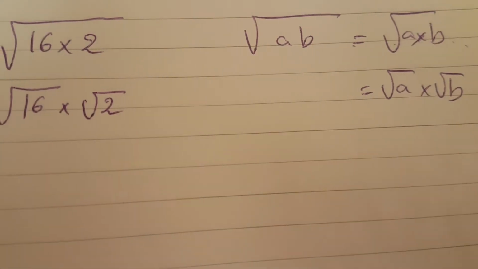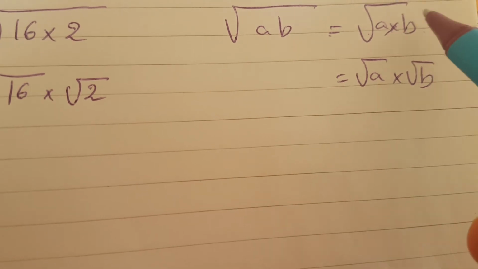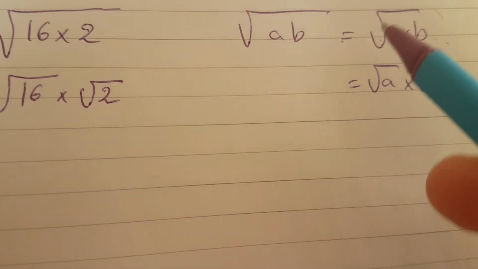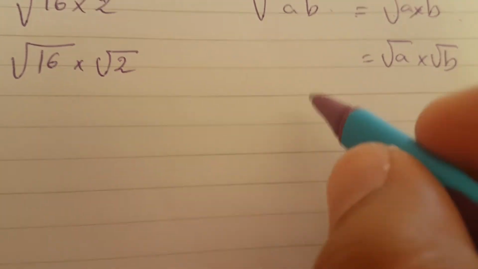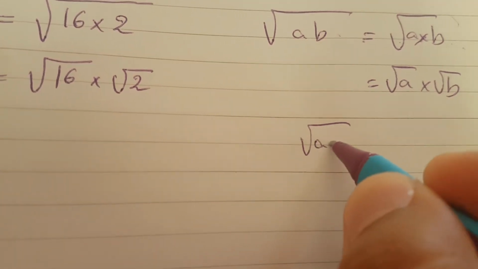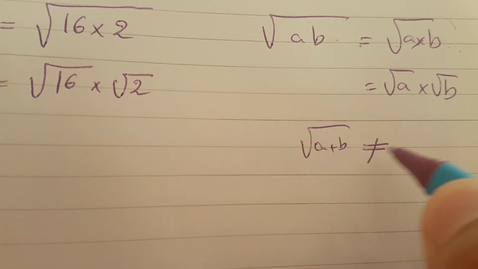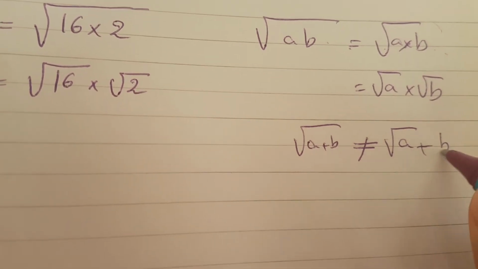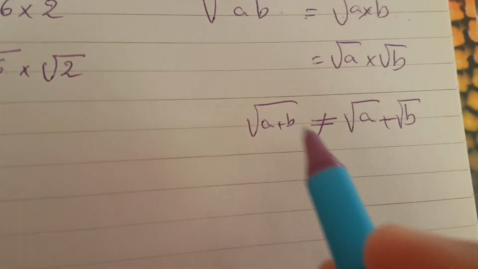Please be careful, this is only if we have times or divide. It doesn't work if we have addition. For example, the square root of A plus B is not the square root of A plus the square root of B. It is not.